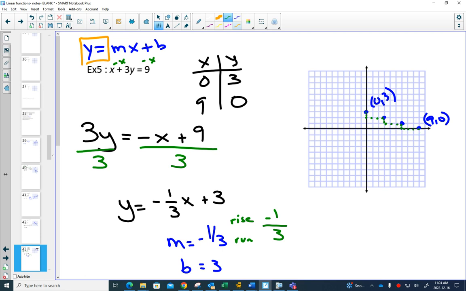Down 1 over 3. Woo! Little smiley face on that point. We'd already found that point. And so we can draw a straight line through all of those points. Perfect.